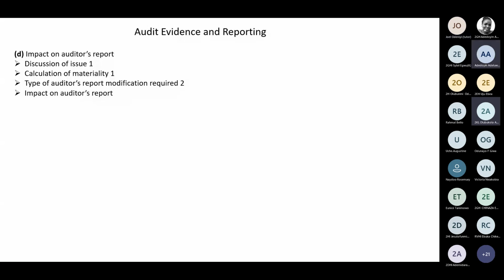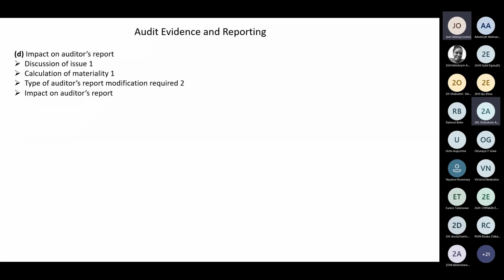I'm very sorry, pertaining to the material uncertainty on going concern, my network was behaving somehow, so I couldn't get all the points that you said. Okay, so what I said is you use a MURG paragraph. MURG is material uncertainty related to going concern.